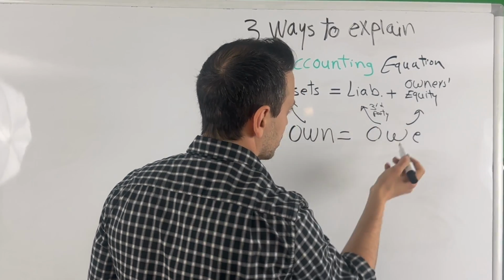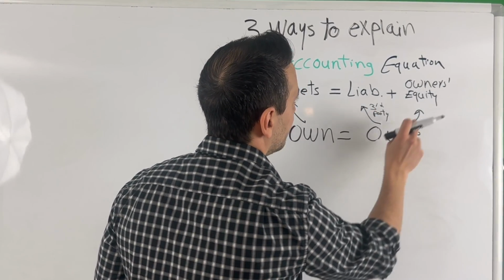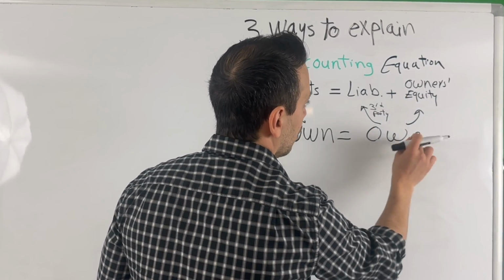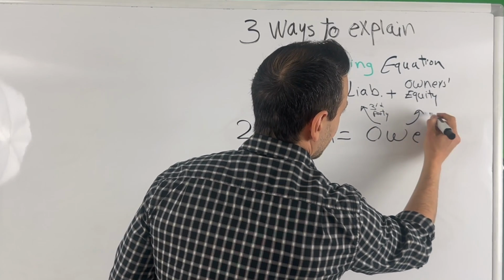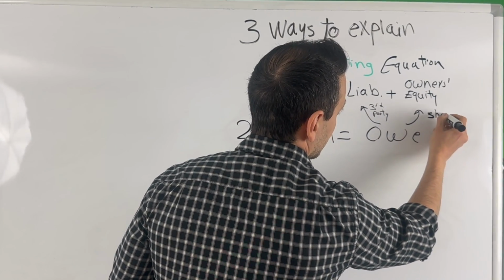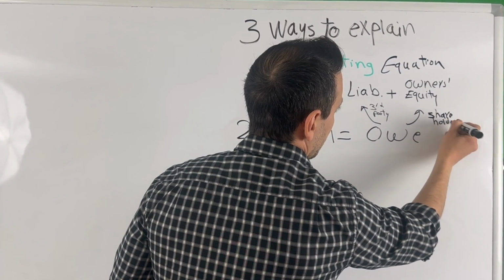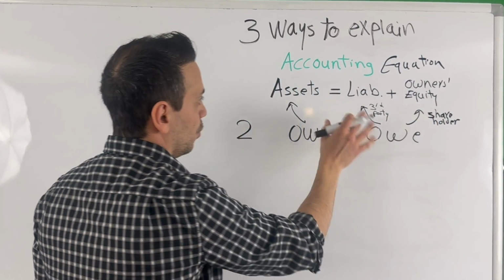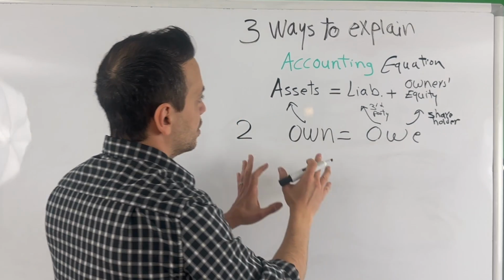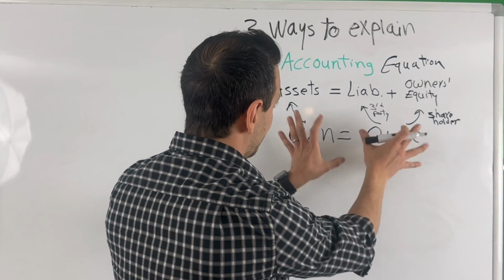right? So that's all your suppliers, everybody you're buying from. Owner's equity, what do we owe to these guys? That's going to be the shareholders, right? So we owe the shareholders their share in the company once you satisfy all the liabilities. So this is almost like a math equation.